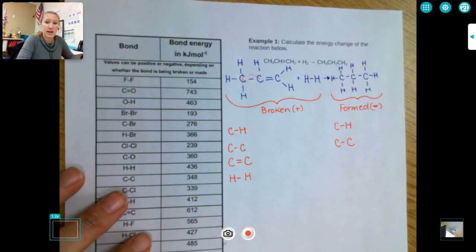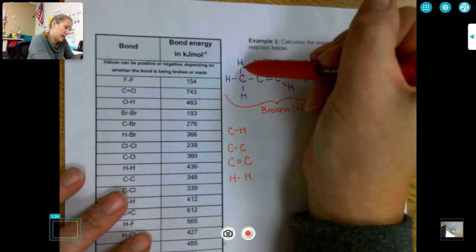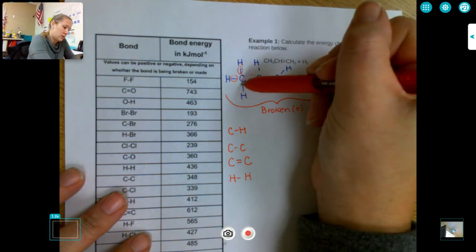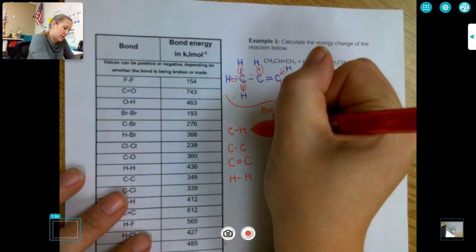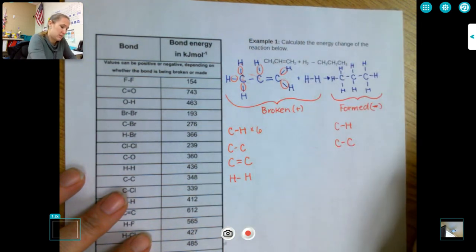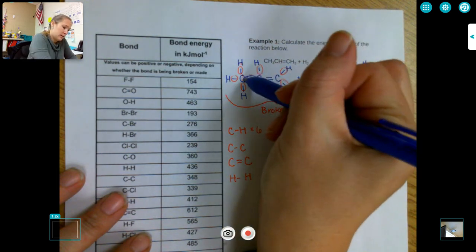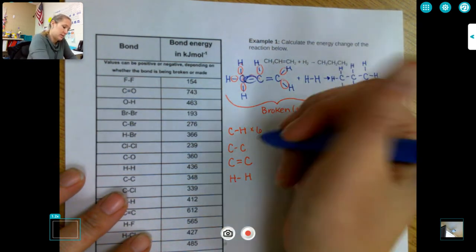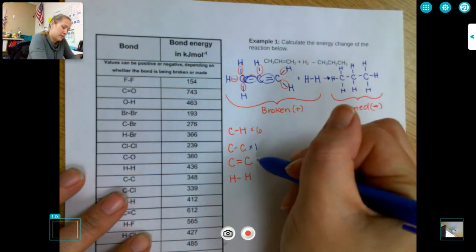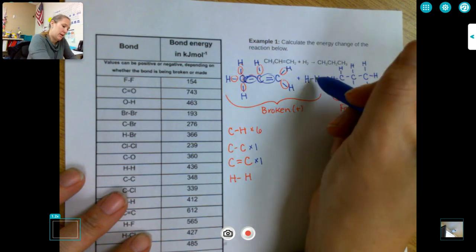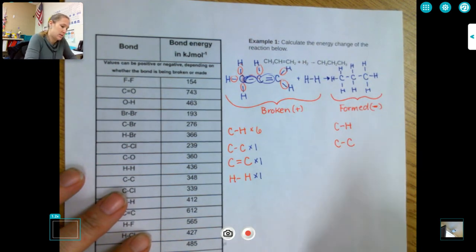The number that I have is also important. So in terms of carbon-hydrogen bonds, I have 1, 2, 3, 4, 5, 6. So here I have 6 of these. I have 1 carbon-carbon bond. I have 1 carbon-carbon double bond. And I have 1 hydrogen-hydrogen single bond.